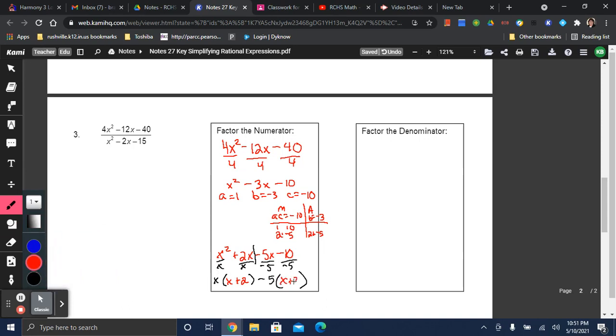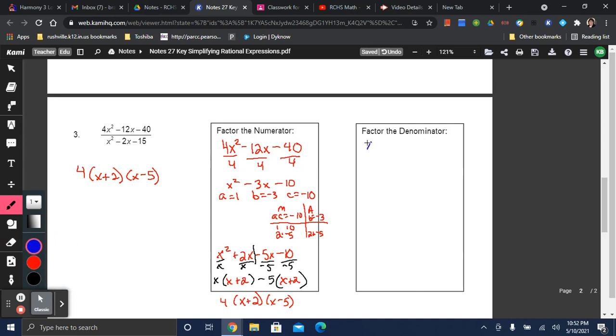And so your numerator factors will include the 4 that we had at the beginning, and then the x plus 2, and then the x minus 5. So this is our numerator, 4, x plus 2, and x minus 5. All right, and then we have to do a similar thing for the denominator.